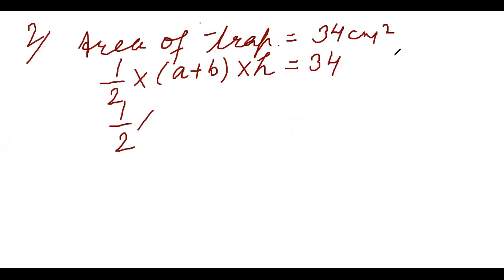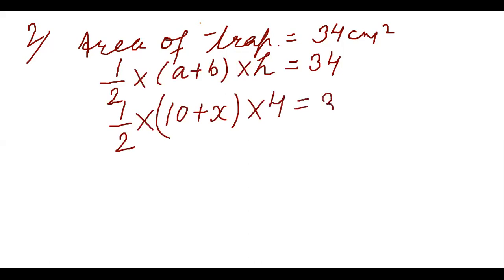Half into first side is given here 10. The other side you have to find out, let's take it as x, into height is given here 4, is equal to 34. We will use the formula here as we have given area but we have not given one side. So we'll take it as x.